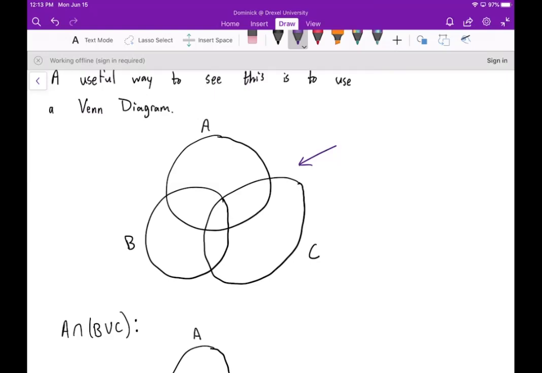For example, if I wanted A intersect C, that would be this region right here, because that's where A and C overlap.